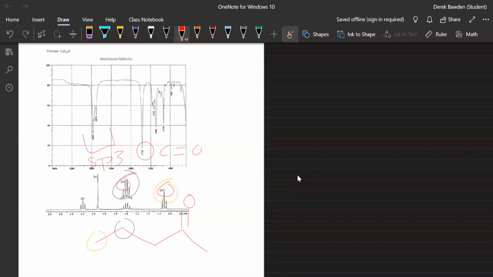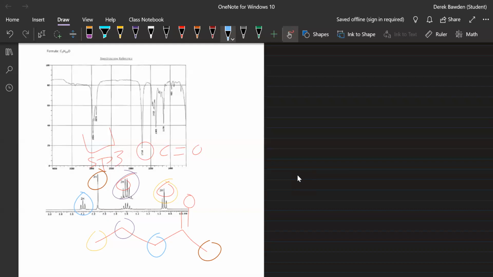Then we've got 3 hydrogens with no neighbors. That could be these hydrogens here. And we've got 2 hydrogens with 2 neighbors. That could be here. Okay, so that is our chemical structure.